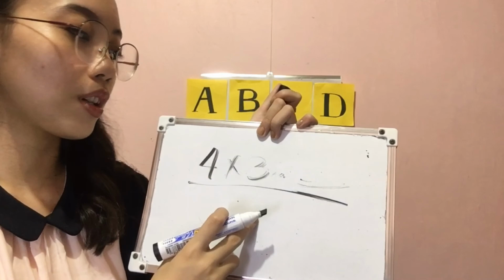The formula is nCr is equal to n factorial over n minus r factorial times r factorial.